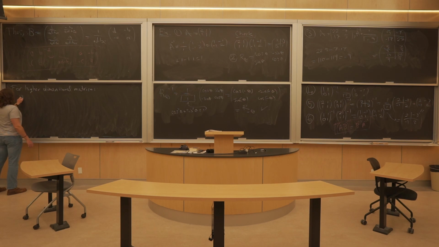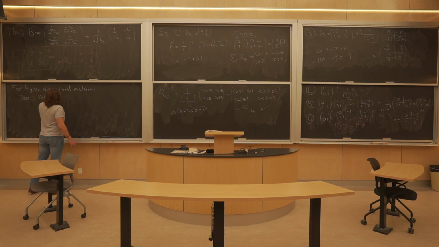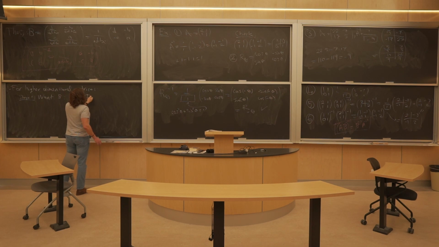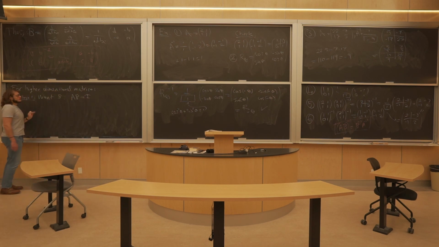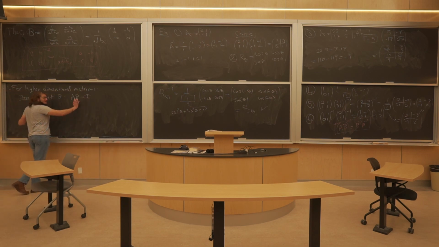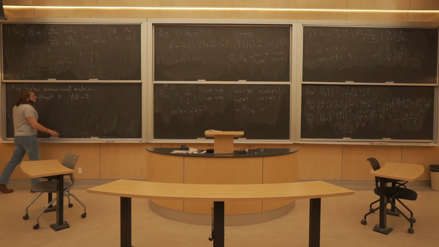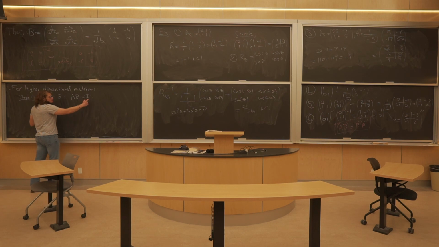Step 1: want a B such that A times B equals identity. Okay? So treat B as the unknown, like I did earlier in the class, but maybe this is 3 by 3. What is important is that just like you can augment vectors, you can augment matrices to matrices.